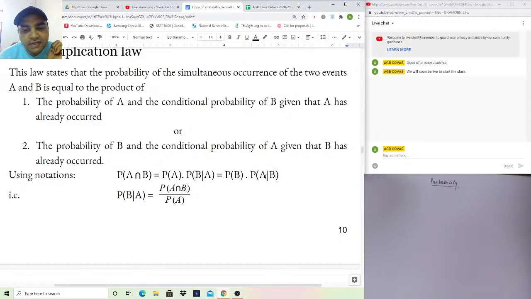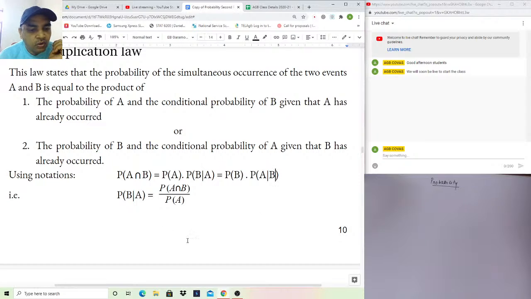That is the probability of A into the conditional probability of B when A has occurred, and the probability of B into the conditional probability of A when B has already occurred.